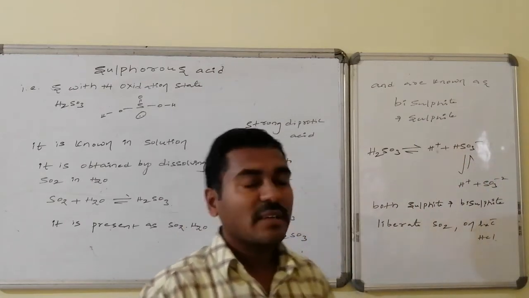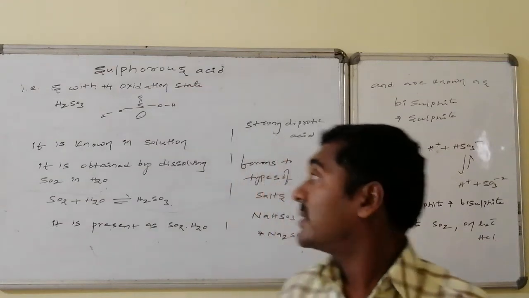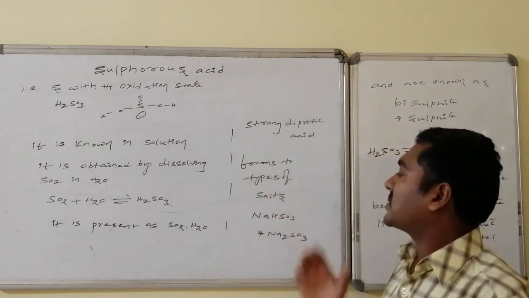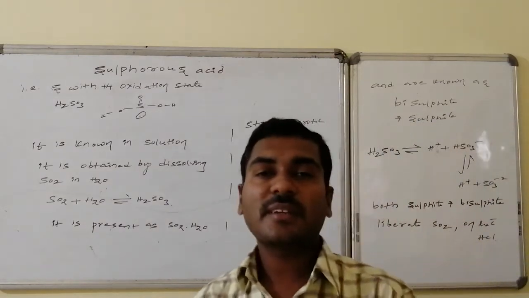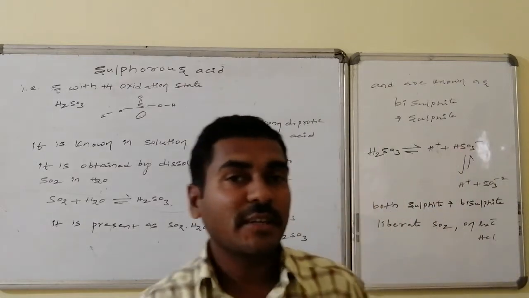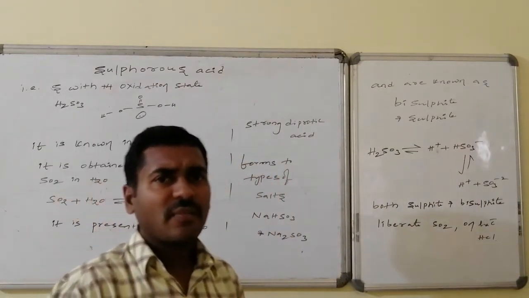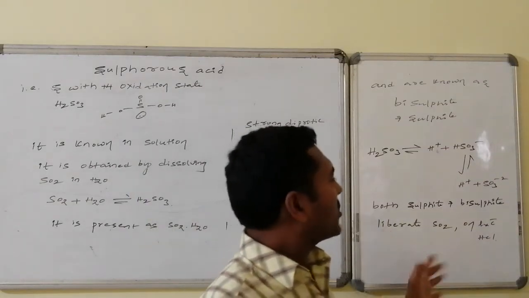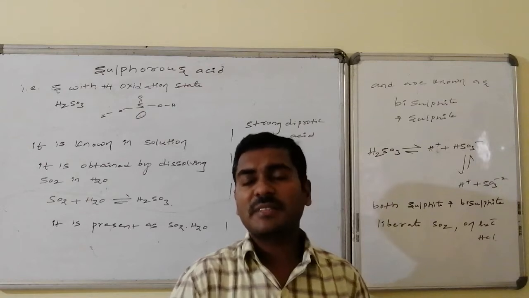Both sulfites and bisulfites are salts of sulfurous acid. With sodium, this is sodium bisulfite NaHSO3, and with sodium it also forms sodium sulfite Na2SO3, the names being bisulfite as well as sulfite. Both the sulfites and bisulfites liberate sulfur dioxide on reaction with HCl.